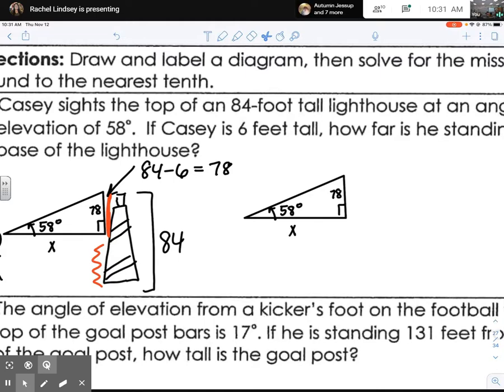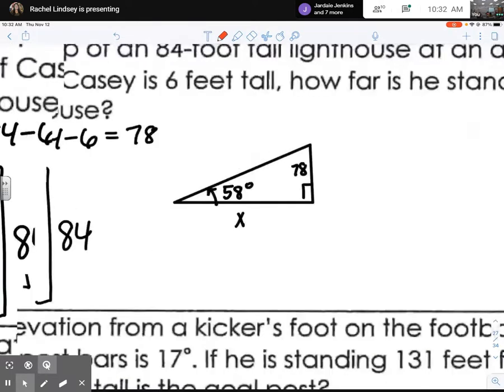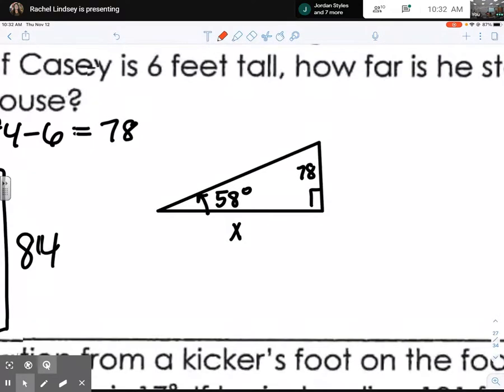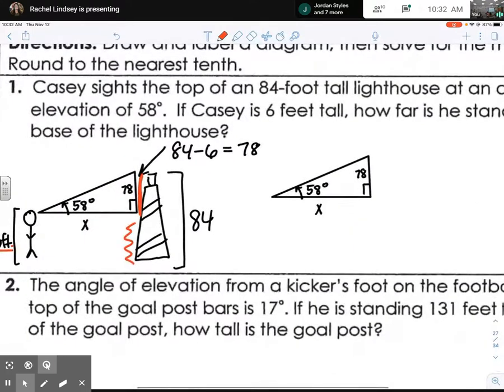Drawing the picture is the hardest part, and labeling the picture is the hardest part. I'm probably going to draw the picture for you, and then you just have to label everything. Looking at this triangle, or you can look at your original, I'm trying to find x, and my angle is 58.